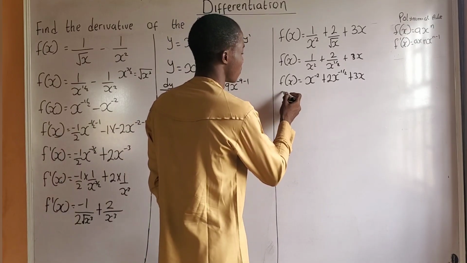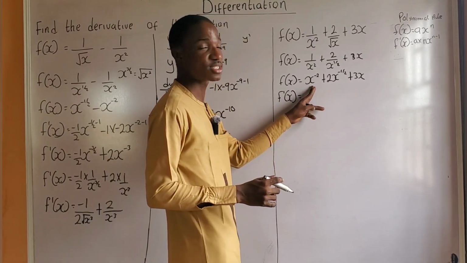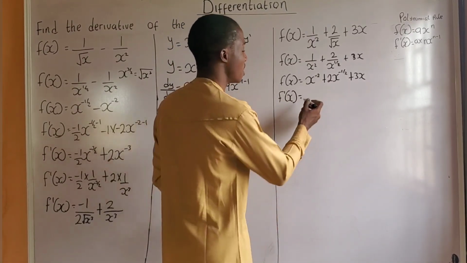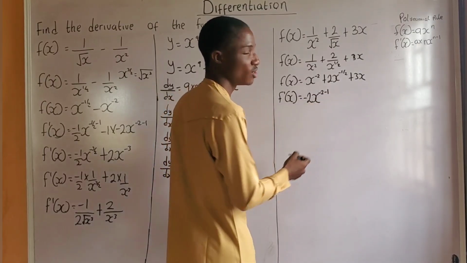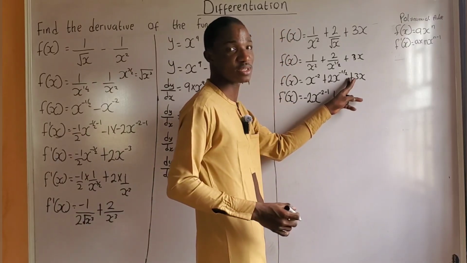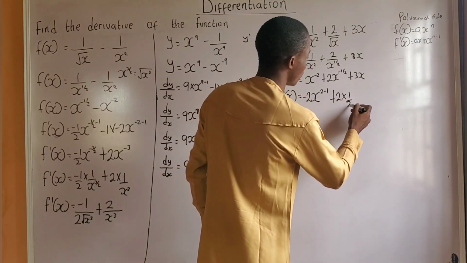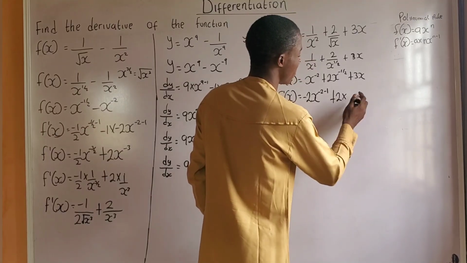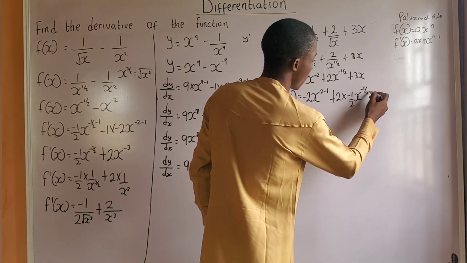For this, I'm going to have the derivative of f of x is equal to, now, differentiate x raised to the power of negative 2. I'm going to have negative 2 x raised to the power of negative 2 minus 1. Do you understand? Now differentiate 2x raised to the power of negative 1 over 2. I'm going to have 2 multiplied by negative 1 over 2 x raised to the power of negative 1 over 2 minus 1.